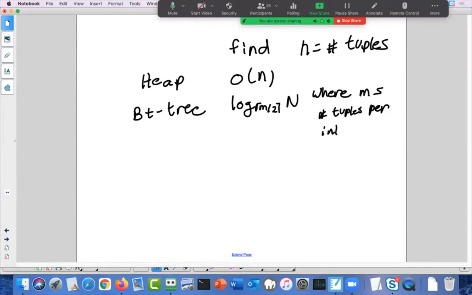And we'll get to that when we get to B+ trees. And then for extendable hash, it's going to be roughly order 1. And we'll see more specifically that tends to be 3, where 3 is the maximum number of disk accesses required.